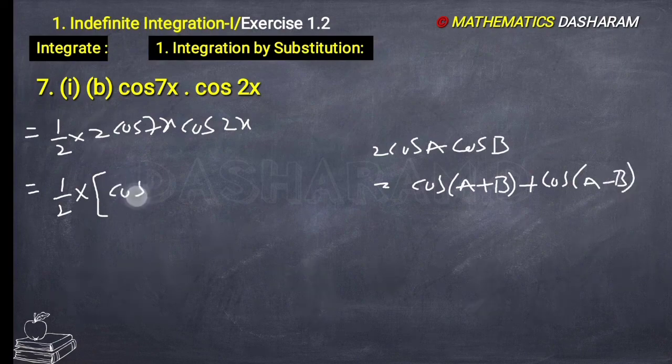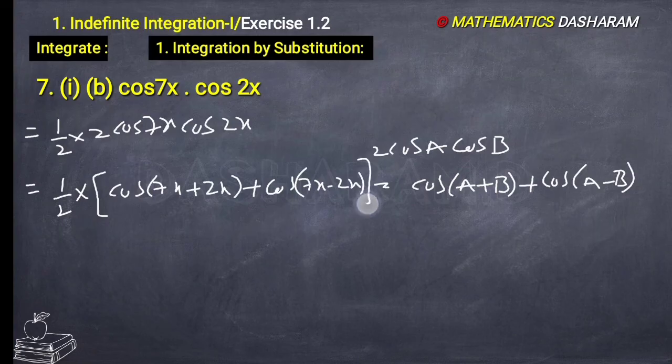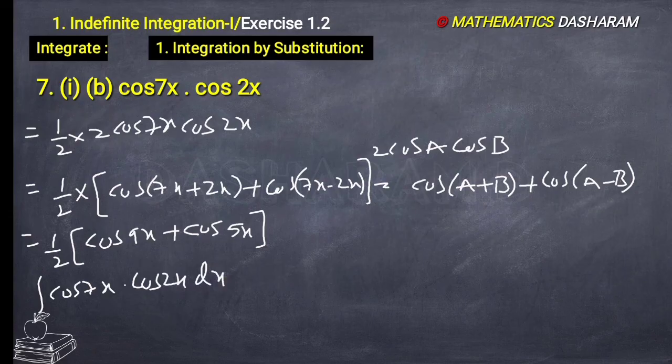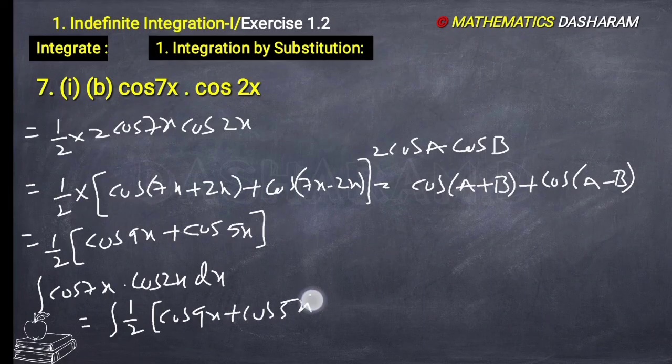So then cos(7x plus 2x) plus cos(7x minus 2x). So 1 by 2 into cos 9x, and 7x minus 2x is 5x. So therefore integration of cos 7x into cos 2x dx is equals to integration of 1 by 2 bracket of cos 9x plus cos 5x dx.